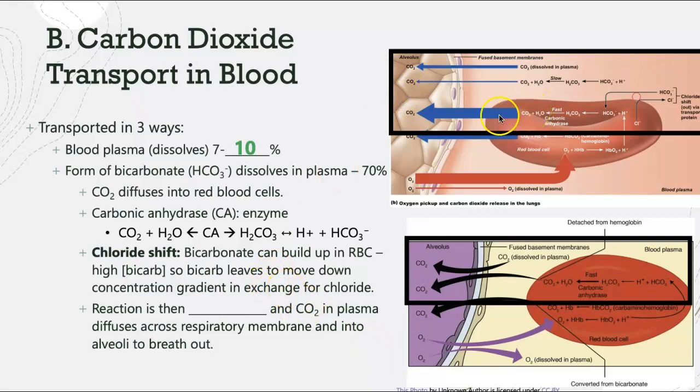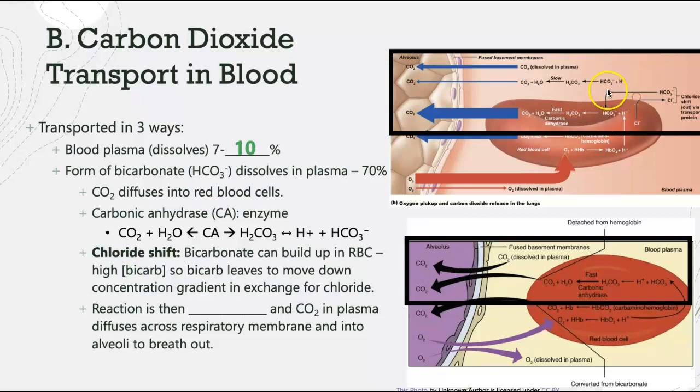We don't truly see the direction, but imagine that we had some carbon dioxide here in our red blood cell. That will then combine with the water and turn into our carbonic acid. Now it does this using the enzyme carbonic anhydrase, and then it moves into its bicarbonate ion and a hydrogen ion.